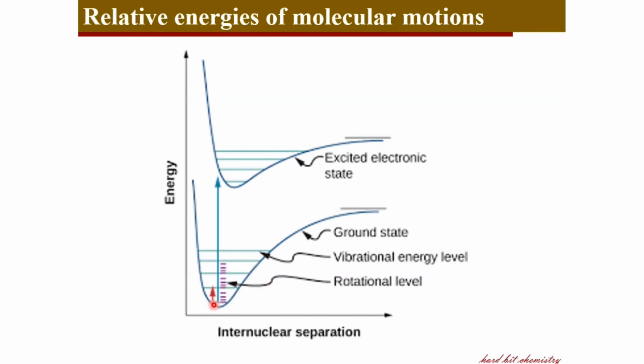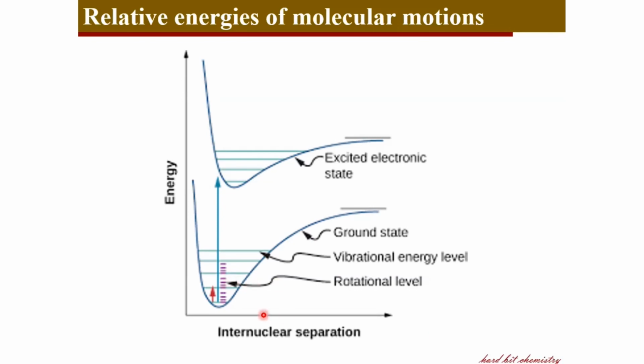And within each vibrational energy state, you can have several rotational energy states or rotational energy levels marked by the pink short lines here. That means a molecule in a given electronic state has several vibrational states possible, and a molecule in a given vibrational state can have several rotational states with it.